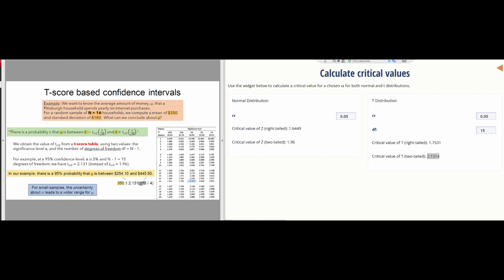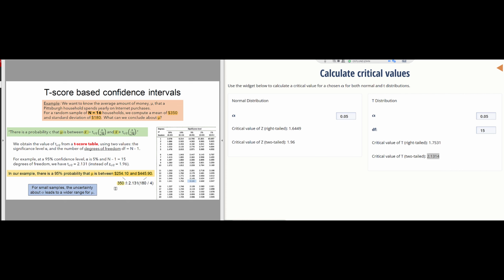In this case, that's 180 divided by 4, since the square root of 16 is 4. And that gives us this range: 254.10 to 445.90.